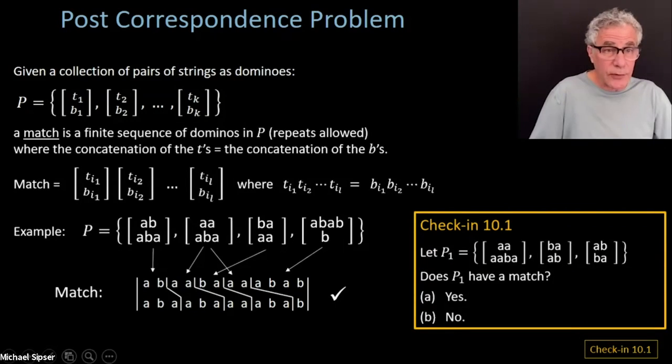Just to make sure you're following me about what this PCP problem is, I am going to give you a question to test: is there a match with these three dominoes? So I want you to think about that. The main thing I want to make sure you understand is what a match is in the first place. This is not a super hard problem to tell whether or not there's a match.